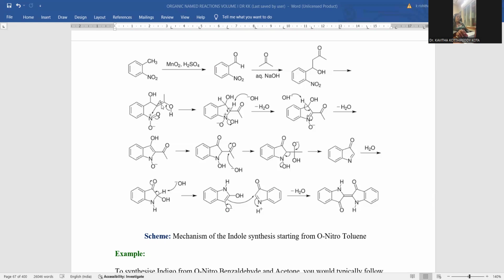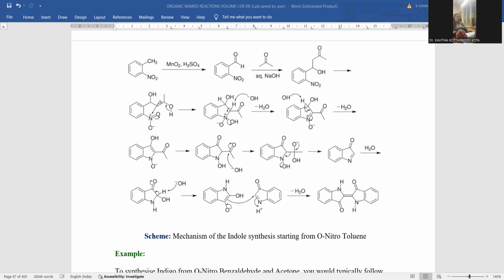Here the pi bonded electrons of the carbon will bind with the nitrogen so that the pi bond electrons shift towards the oxygen, and you can establish a 5-membered ring system. Water will be discarded in between the nitrogen and carbon. The newly formed bond is converted into a double bond with a positive charge on the nitrogen, and O-oxide will be there.